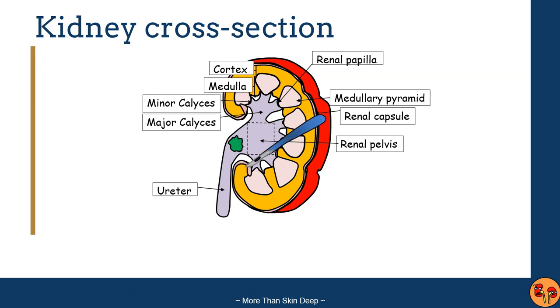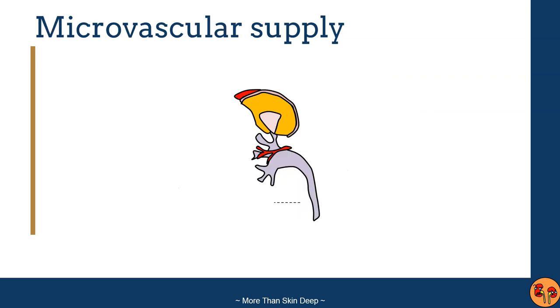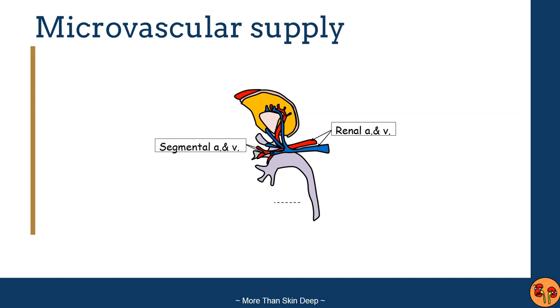We shall now take a look at the macrovascular supply of the kidneys. Each kidney is supplied by a renal artery. This is also accompanied by a corresponding renal vein. These large vessels will then eventually continue as the segmental arteries and veins, which will then later on branch into the interlobar arteries and veins.